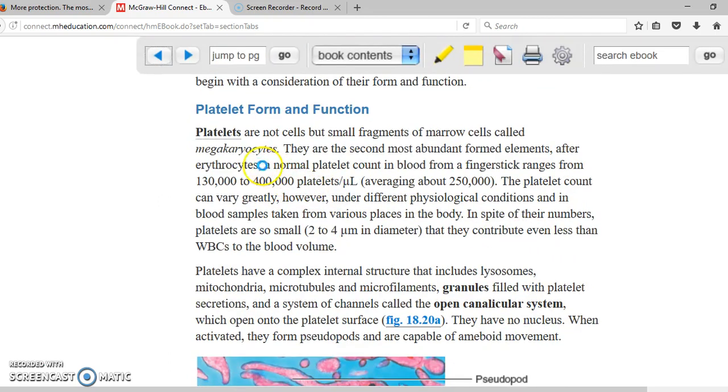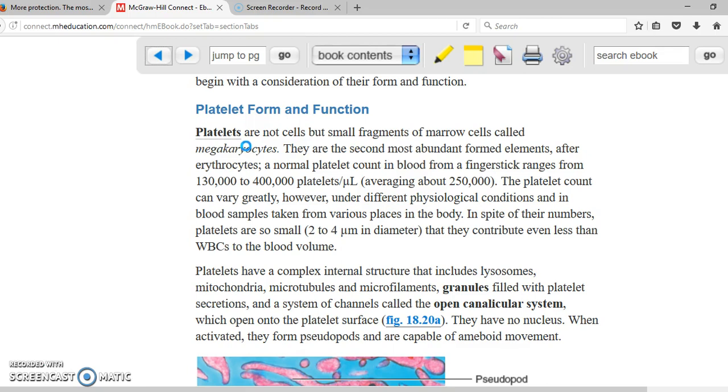So let's take a look at the platelets. Platelets form and function. The platelets are going to be created, like any other formed element, in the bone marrow. Again, we said that we have in the bone marrow a stem cell. Eventually, through a different set of steps, we are going to get a cell called a megakaryocyte.